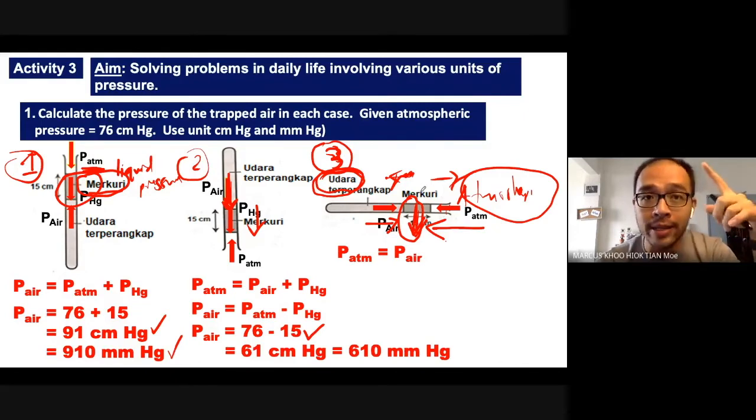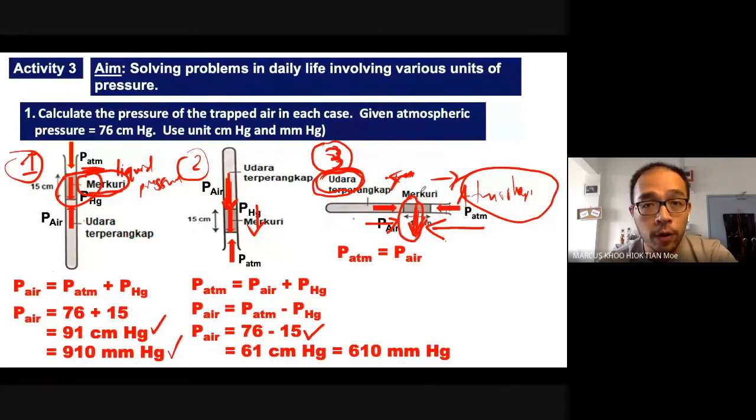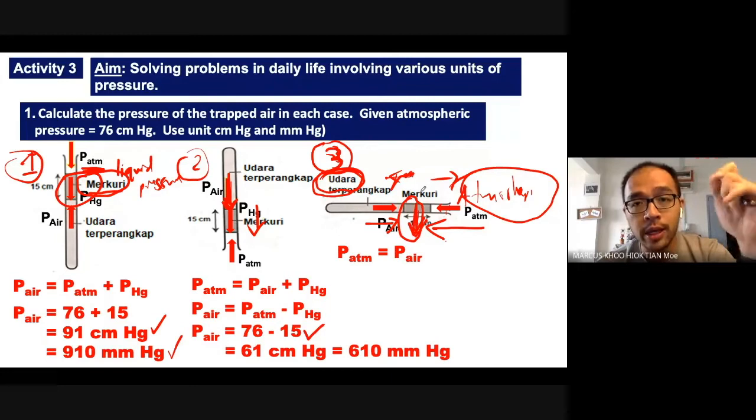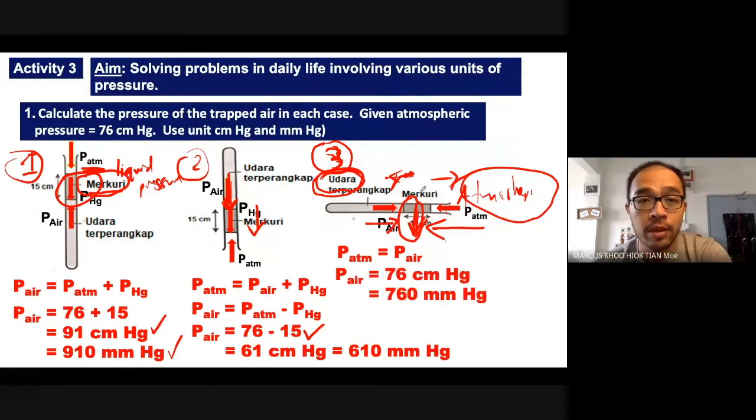Don't memorize this, just think logically. Where is the mercury going? If the mercury is going down, then follow the direction of the mercury. Form the equation. Don't memorize this thing because it's not worth memorizing. It's very easy to think about it logically. So in case number 3, atmospheric pressure equals the air pressure. So the air pressure will be 76 centimeter mercury, which is 760 millimeter Hg.